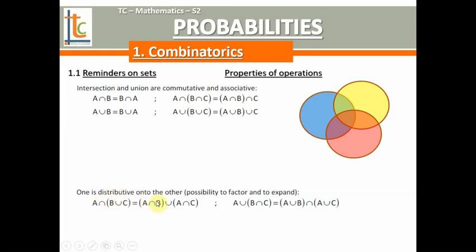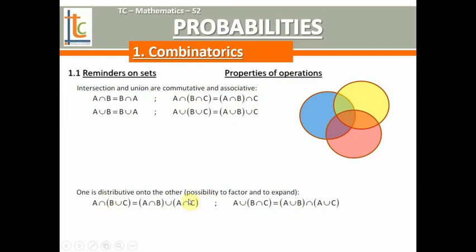You can expand from the left to the right, or you can factor from the right to the left. But if you put an addition here and a multiplication here, you are not allowed to expand. It won't work. You can just take some numbers and try the calculation, and you will see easily that it won't work. With the operations of set, intersection and union, that works in both senses.